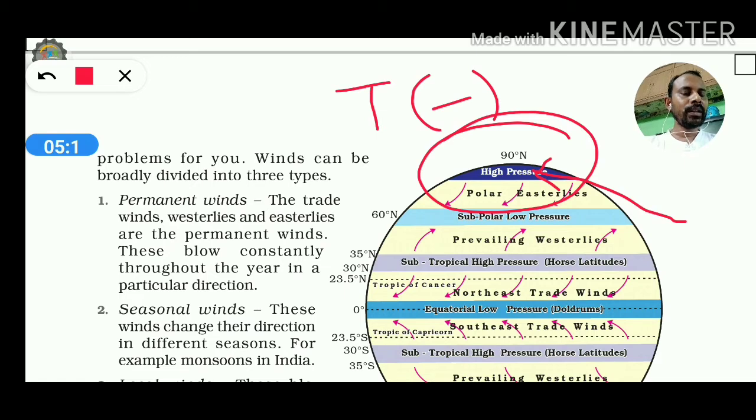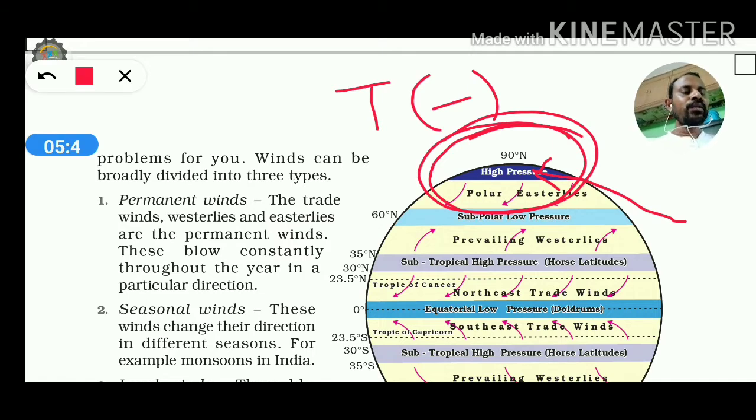So when the air concentrates, what we used to see is the formation of a high pressure belt. That is why the polar region always remains a high pressure region. You may also get the question, why does air pressure remain very high in the polar region? You have to write two points.